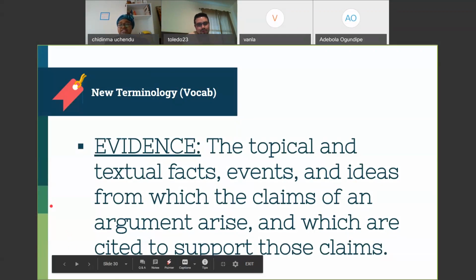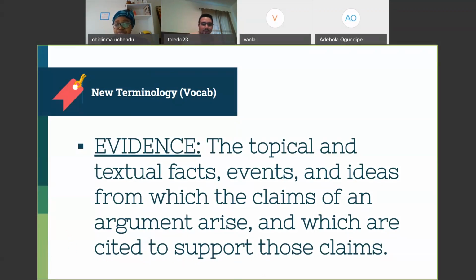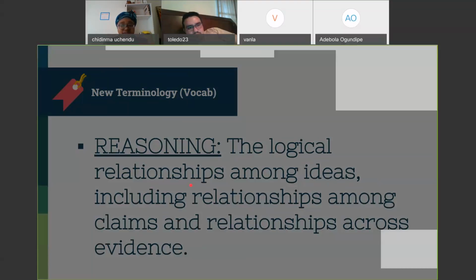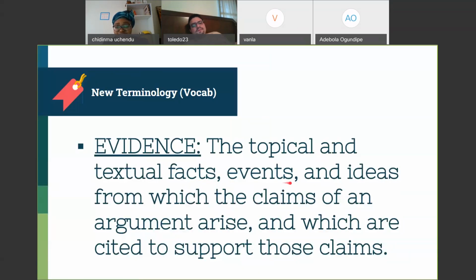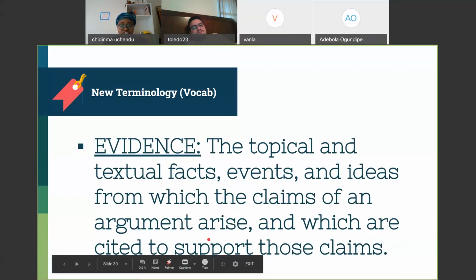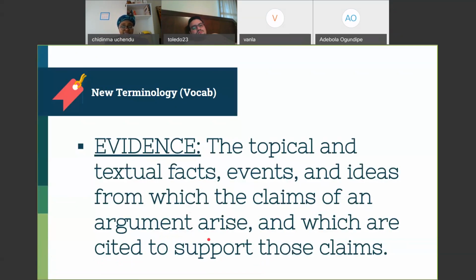Your evidence. This is just like when I told you, when you go into a courtroom, you don't just go and say that Manuel killed Van without evidence, okay? You need evidence to prove that somebody is guilty or innocent. So your evidence are the different facts, the events, and ideas from which the claims of an argument arise and which are cited to support these claims.